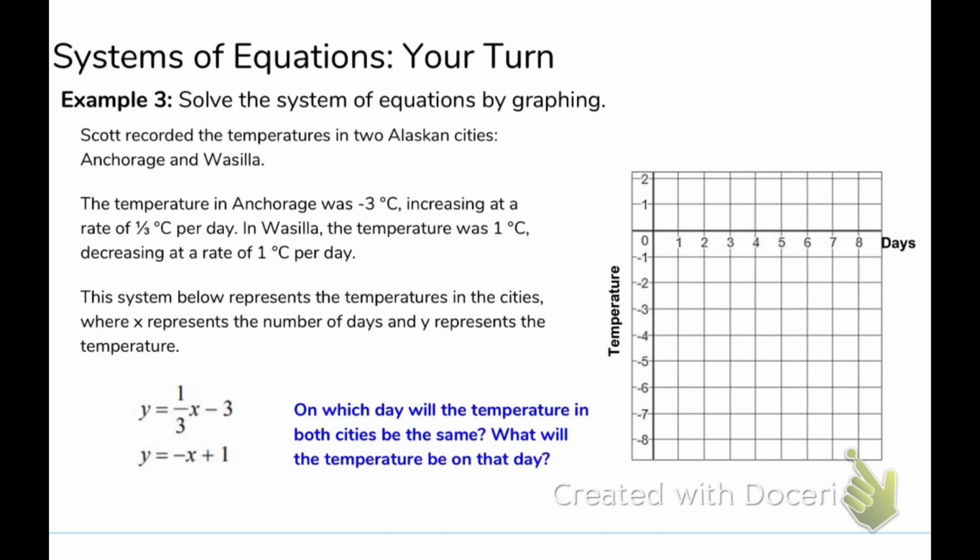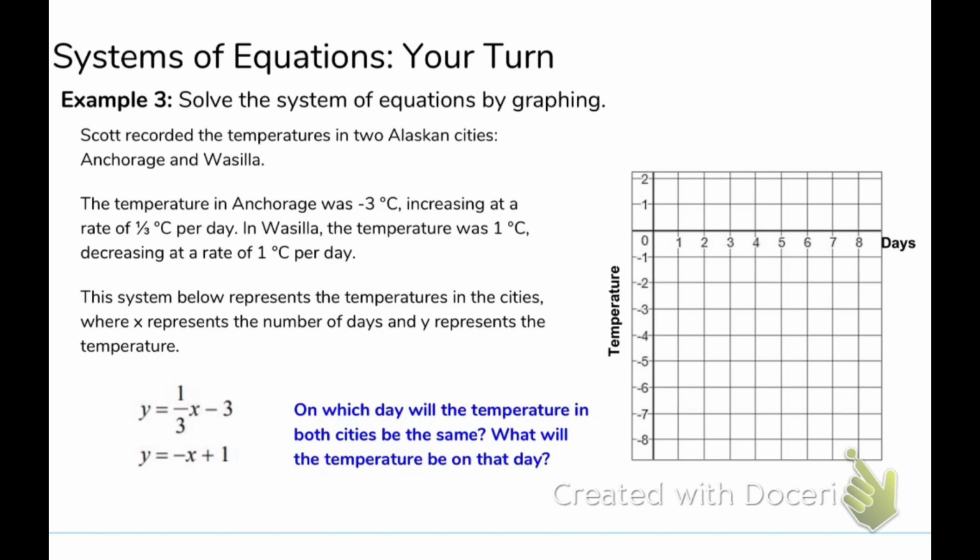The word problem right here says solve the system of equations by graphing. So basically, before I read the word problem to you, I know I'm going to be graphing these two lines, and I'm going to see where they intersect to find the answer, okay? So Scott recorded the temperatures in two Alaskan cities, Anchorage and Wasilla, and I'm sorry if I'm pronouncing that wrong. The temperature in Anchorage was negative 3 degrees Celsius, increasing at a rate of 1/3 Celsius per day.